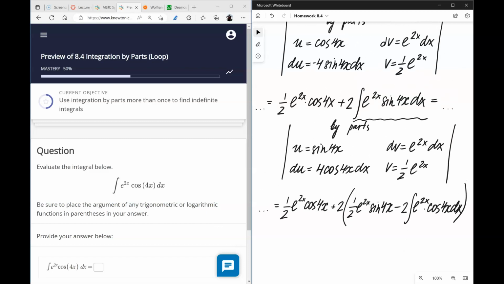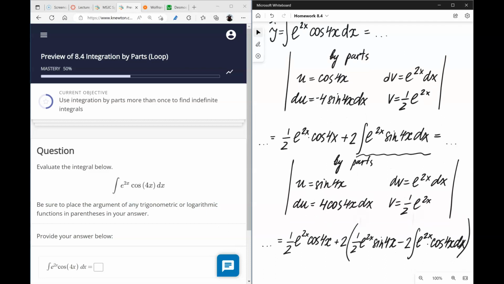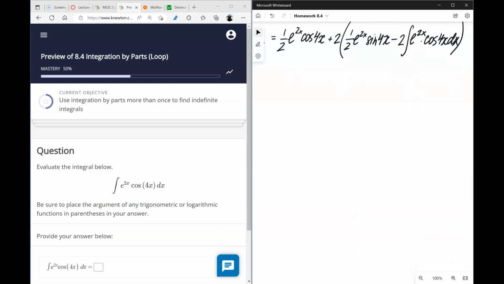And this is where we realize, hey, this is exactly the same thing as what we started with. So if I call the original integral j, then this can be rewritten as j equals 1/2 e to the 2x cosine 4x. Now I'm going to distribute this too. So we have plus e to the 2x sine 4x.